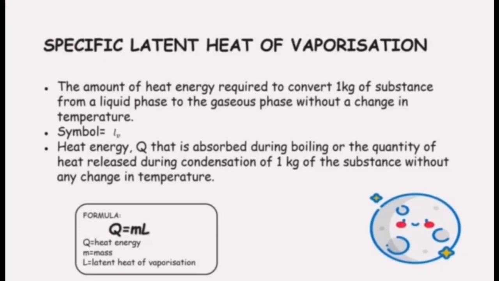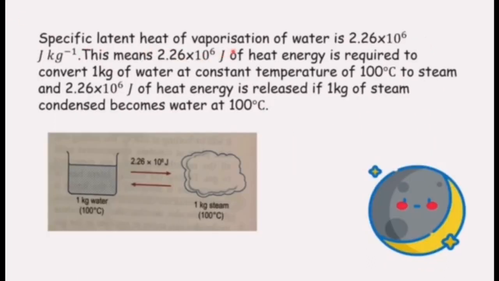Next, let us look at the specific latent heat of vaporization of water. Specific latent heat of vaporization of water is 2.26 × 10^6 joule per kilogram. This means 2.26 × 10^6 joule of heat energy is required to convert 1 kilogram of water at a constant temperature of 100 degrees Celsius to steam, and 2.26 × 10^6 joule of heat energy is released if 1 kilogram of steam is condensed to become water at 100 Celsius.